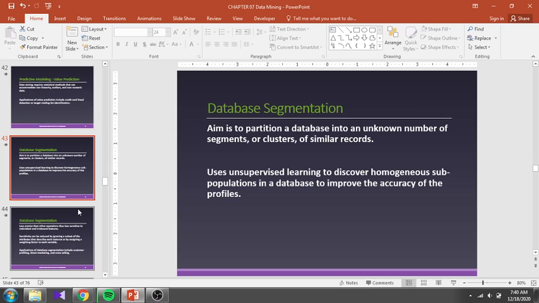Alright, now we go from the tadi value prediction to the database segmentation. This one aims to partition a database into an unknown number of segments or clusters of similar records. So it uses unsupervised learning to discover homogeneous subpopulations in the database to improve the accuracy of the profile.